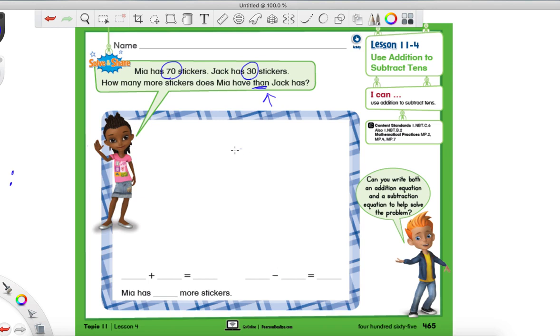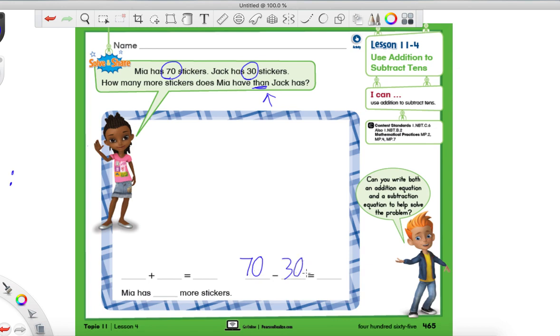So how will we set it up? What number goes first? The big 70 or the little 30? Well, when we write a subtraction sentence, we have to make sure that big number goes first, because we cannot take away from a little baby number. So the 70 goes first because that's the biggest one, and then 30 comes next.